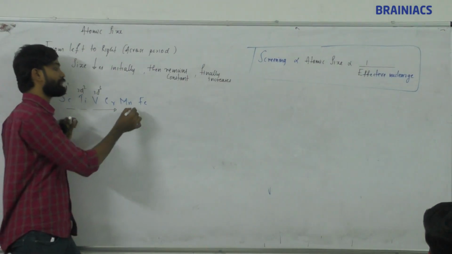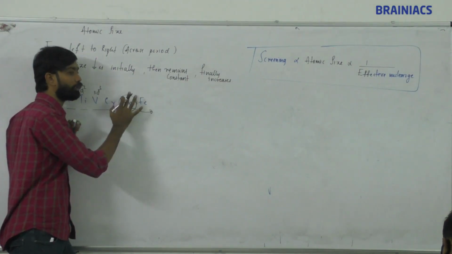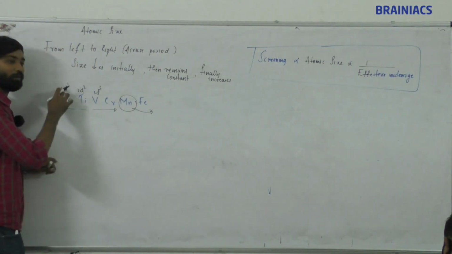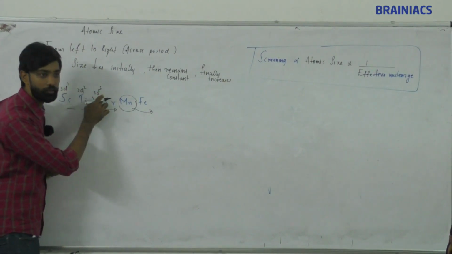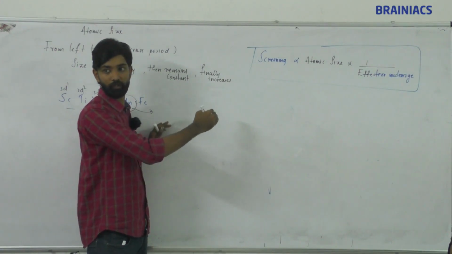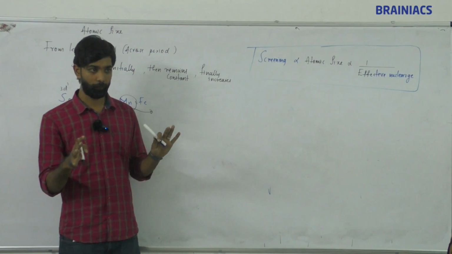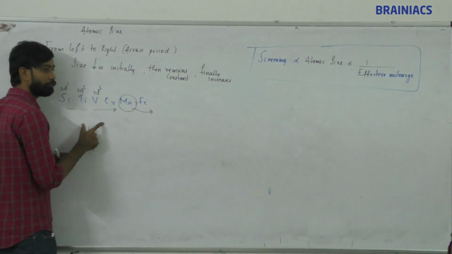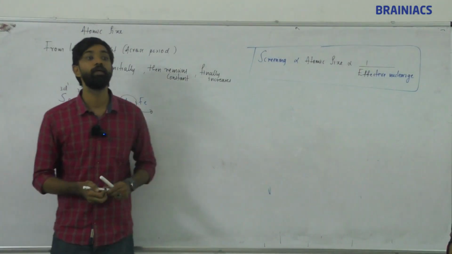Once saturation is reached and inner electrons have a particular number, then the screening is effective. Initially the number of inner electrons is less. Once the electron count crosses 5 or so, only then is the screening effective. This is a competition between nuclear charge and screening.